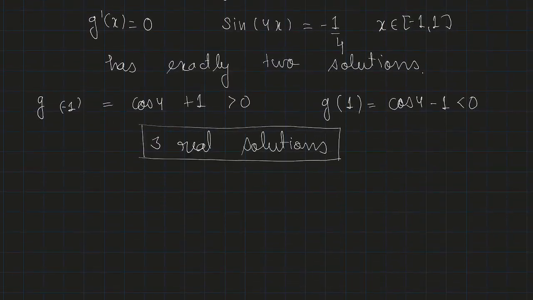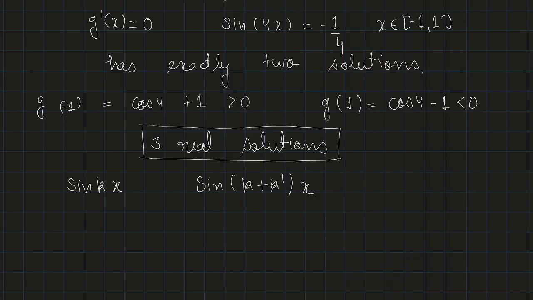Okay, so here is the key lesson from this. Just increasing the frequency, by which I mean going from sine kx to sine k prime x, does not automatically increase the number of solutions.